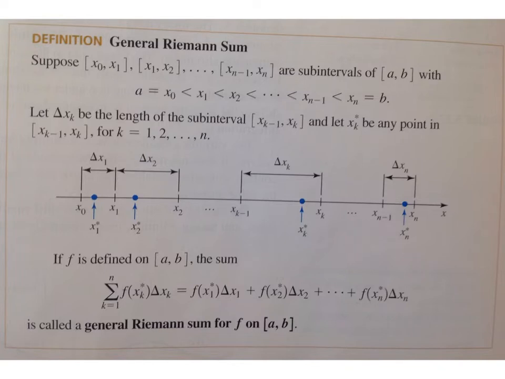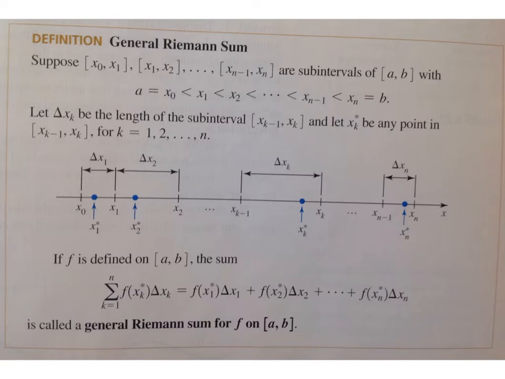This was a question that was asked when we first started talking about Riemann sums. We don't have to have the same size intervals to do a Riemann sum. What we were talking about before is a regular Riemann sum, where all of our intervals are the same. That's that change in x.